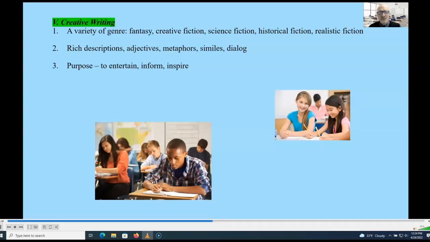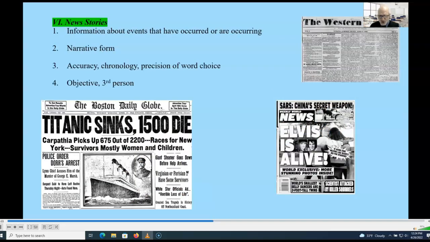Often written in first person, but doesn't have to be. And news stories, information about events that have occurred or are occurring, you're narrating, often told in narrative form. That's why they are included here. Accuracy, chronology, precision of word choice, these are all important here, and usually written in the objective third person narrative.